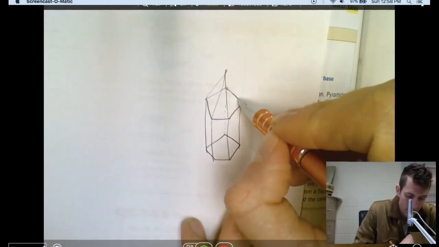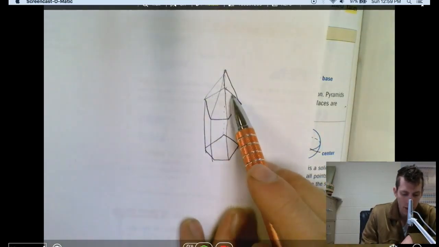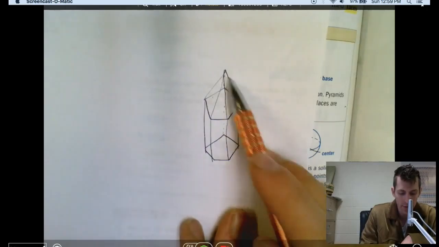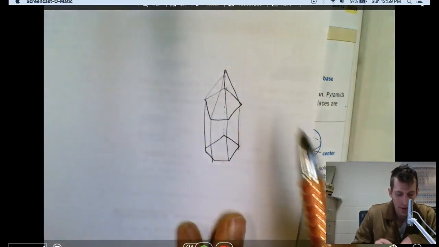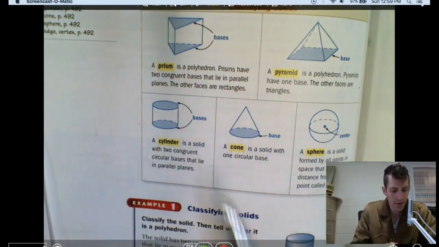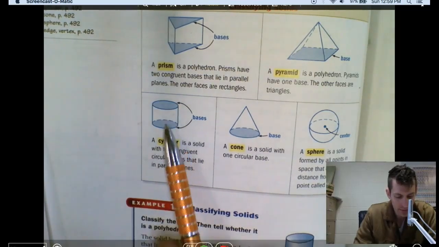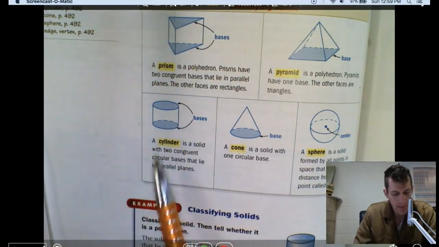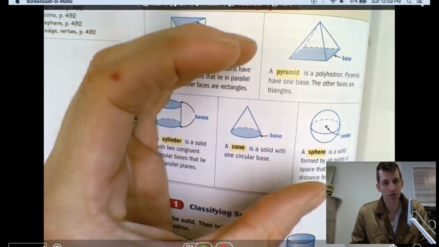Is there such a thing as a pentagonal pyramid? Are all the faces of this top shape triangles? Yes. And the base is a pentagon, so that is a pyramid. Nifty. A cylinder has circles for the bases, right? And then what wraps around those is a kind of curved rectangle.